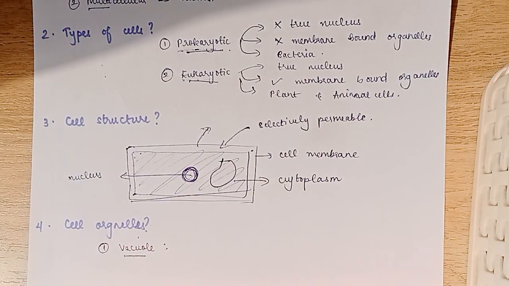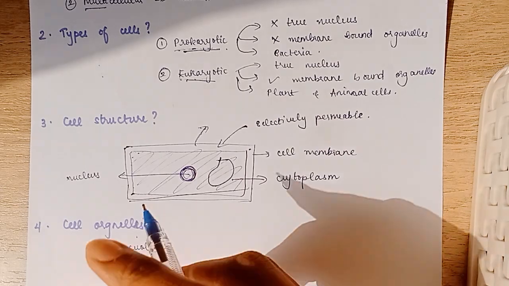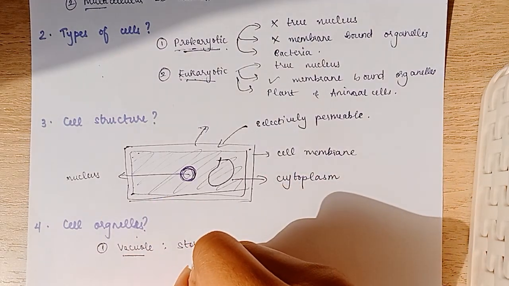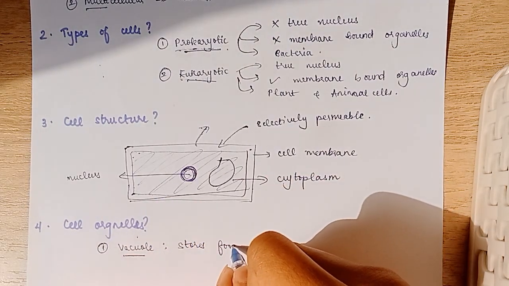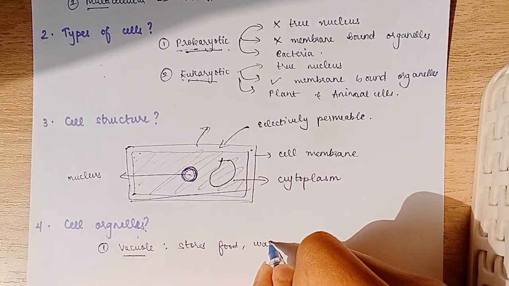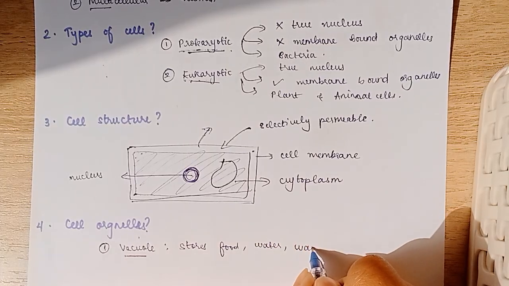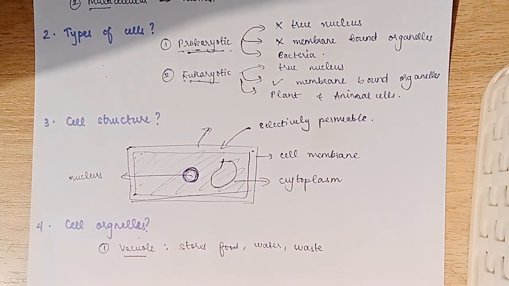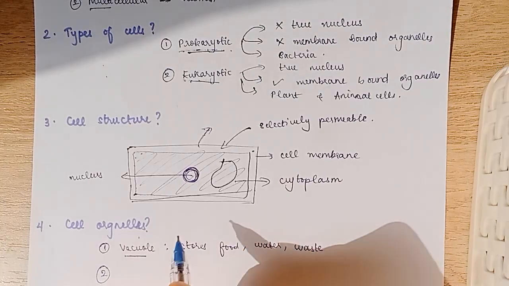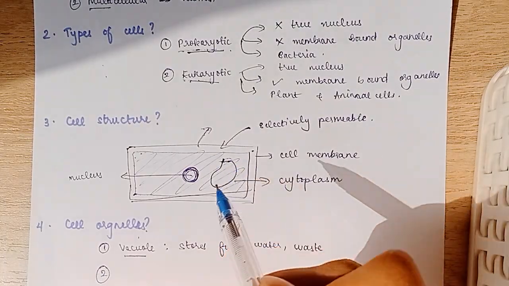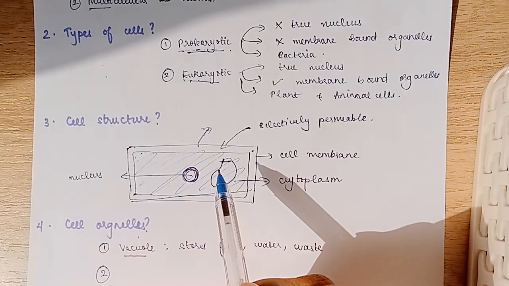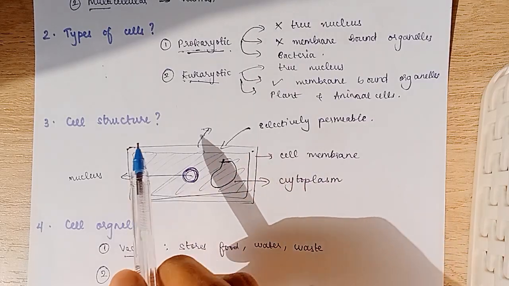A vacuole is a sac-like structure that stores the food, water, and waste of the cell. So it is basically the storehouse of a cell. And this is how a vacuole will be. In animal cells, the vacuole will be small, and in plant cells, the vacuole will be big.